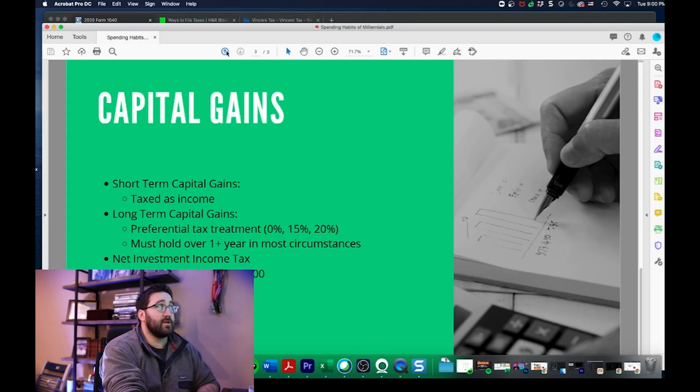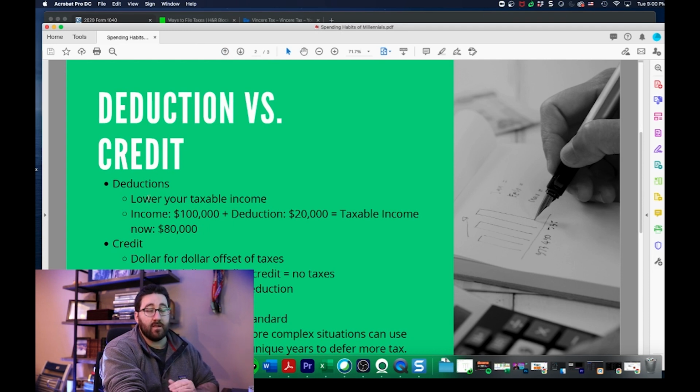How deductions and credits differ is that deductions basically lower your taxable income. So, for example, let's use round numbers. Say your income is $100,000. You have a deduction of $20,000. Say you contributed to charity, or to a retirement account, or have medical expenses, things that qualify as a deduction. Then you have your income, you have a $20,000 deduction, and now for tax purposes, you only have $80,000 worth of income.